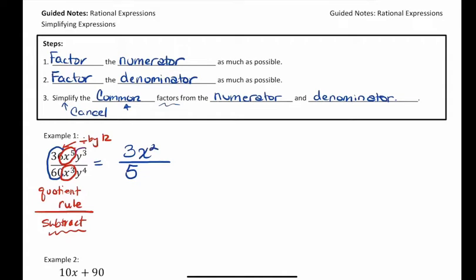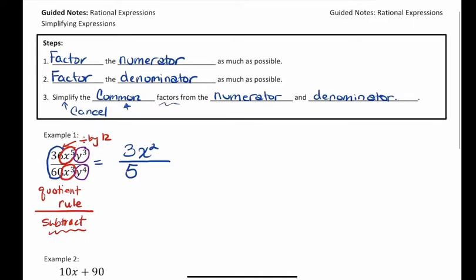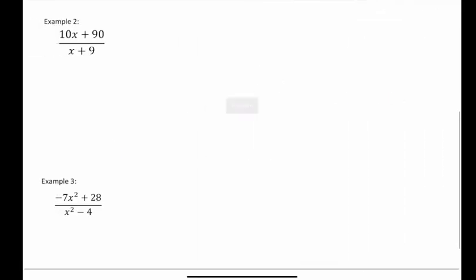Then looking at the y's, there is 1 more y on the bottom. 3 minus 4 is negative 1, but we want to keep all of our exponents positive as much as possible. That's as far as we can go with this problem. I didn't need to put that 1 there, so I could have just written 3x squared over 5y. That's an acceptable answer.